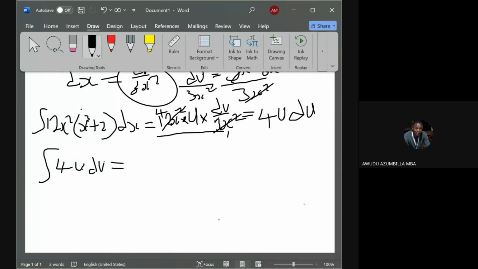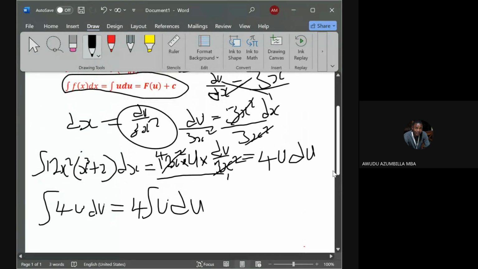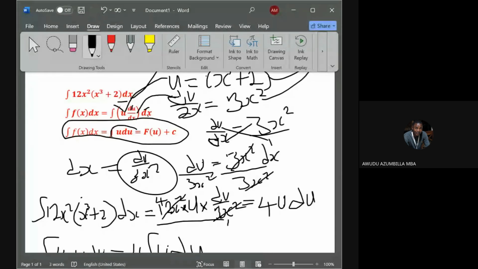We can always separate the constant by saying 4, take the 4 out. So we have the integral of u du. Now let's compare this one to this. It's something similar to the function here, right? The 4 was there and we separated the 4. So it's something similar to the formula.